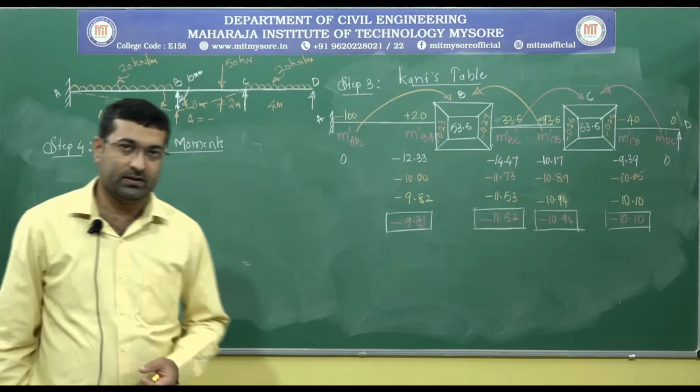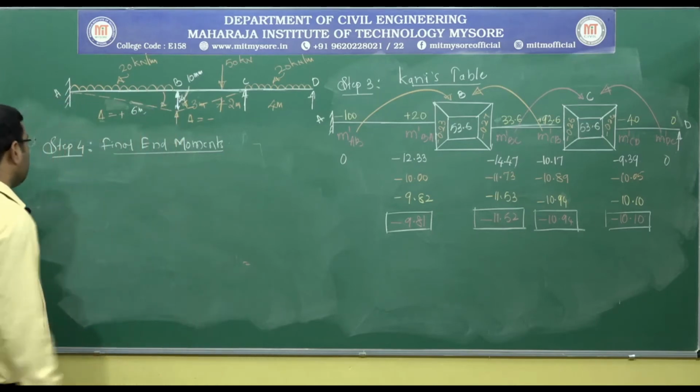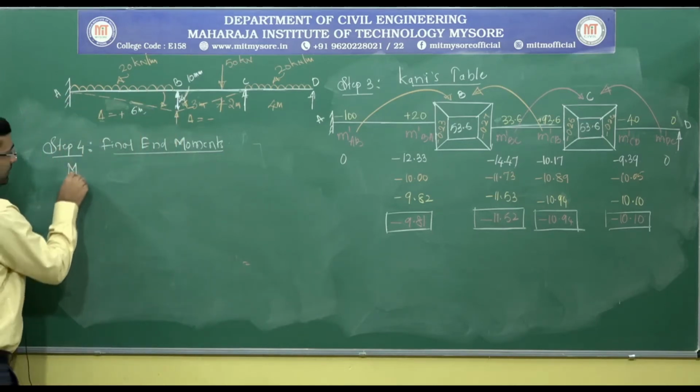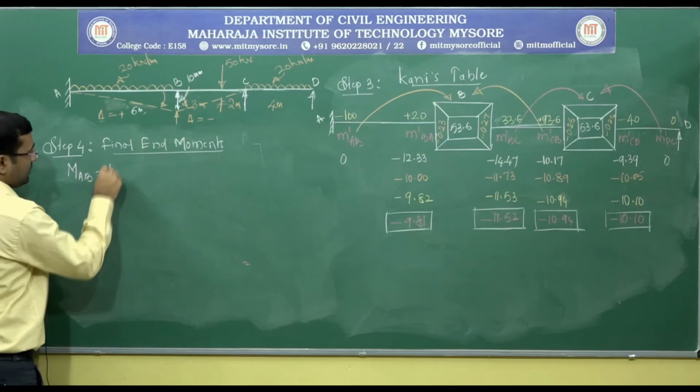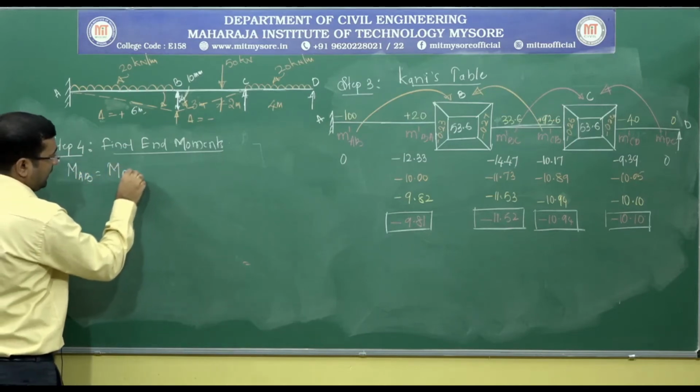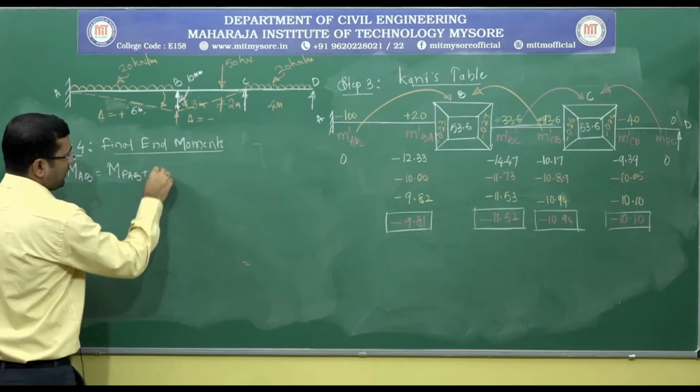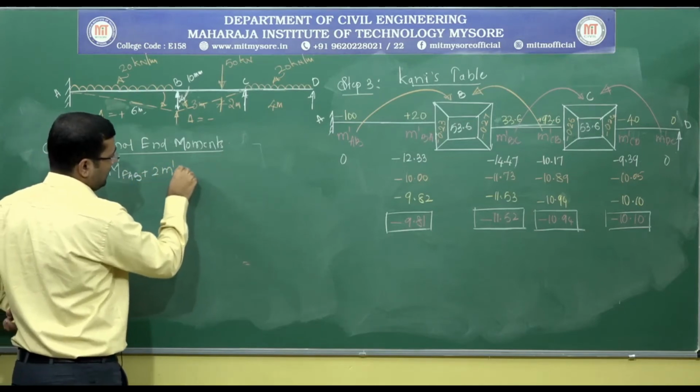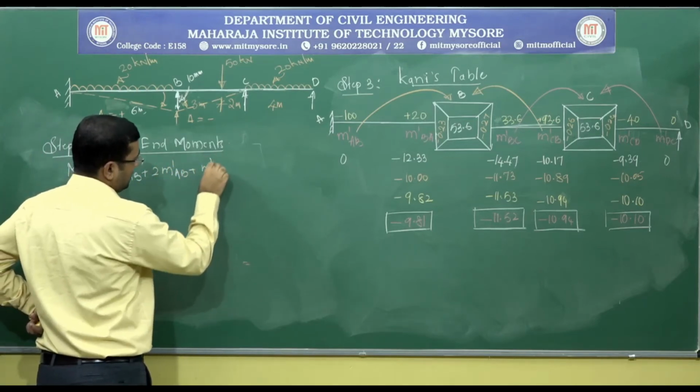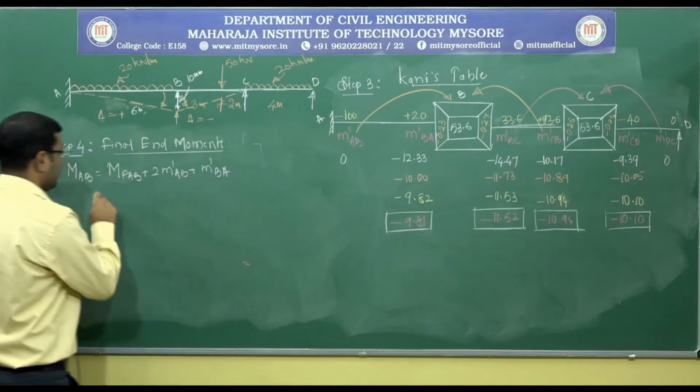Here final end moment MAB is equal to MF AB plus 2 times the M dash AB plus 1 times the M dash BA.